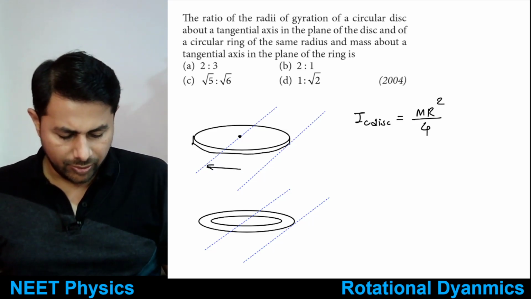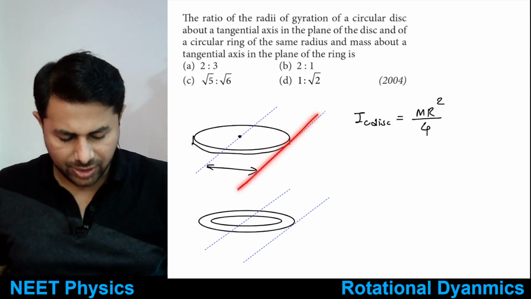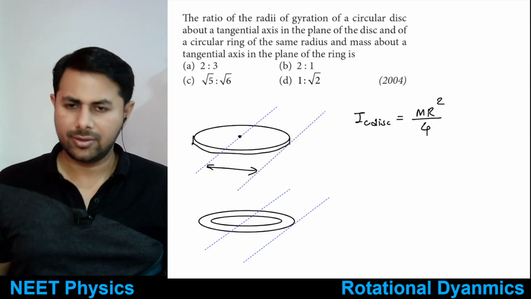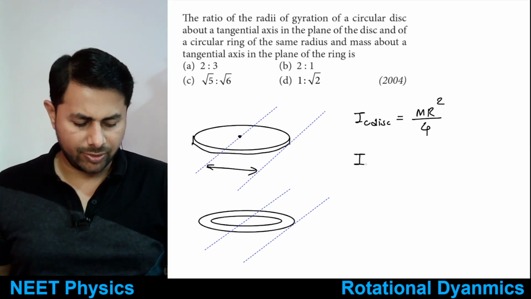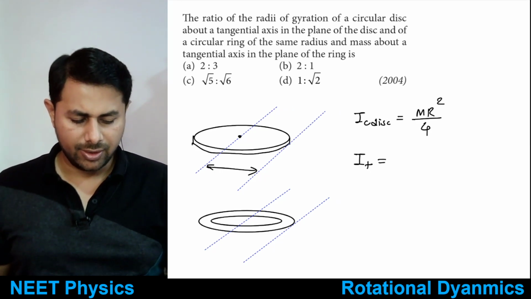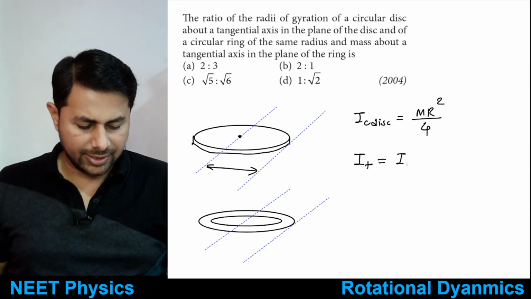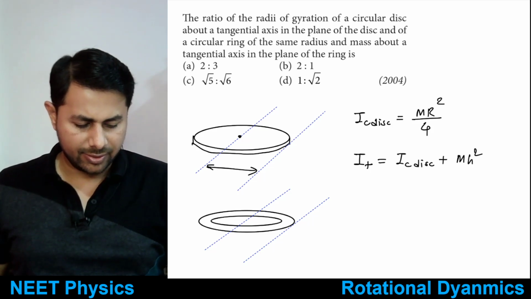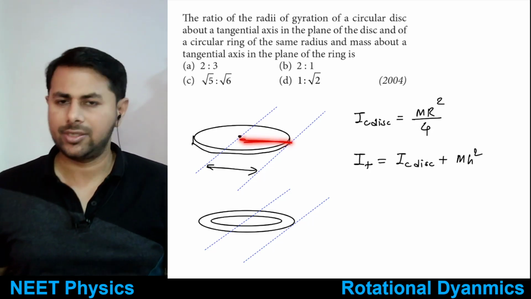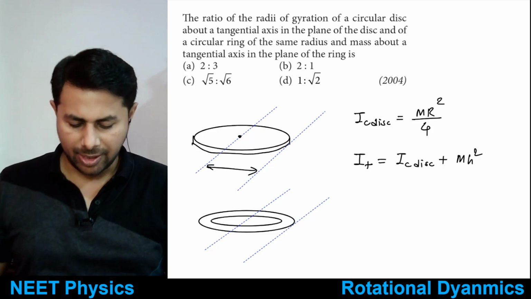Then what would be moment of inertia about this tangential axis in plane of the disk? So just apply parallel axis theorem, and therefore you get IT is equal to IC for disk plus mh square. So what is the distance? It is r, that is mr square.